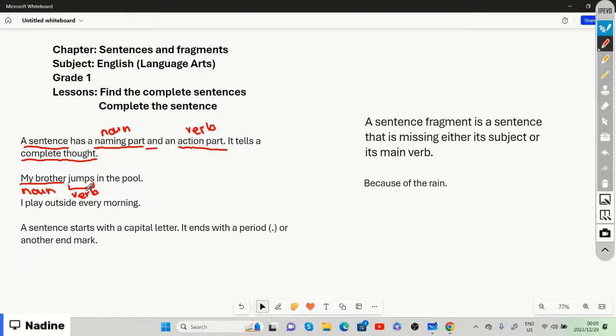And there we have our first sentence where we have both our noun as well as our verb. My brother jumps in the pool. We have our noun, which is our naming part, my brother. Jumps is the action that the brother does, which is the verb. He jumps in the pool.